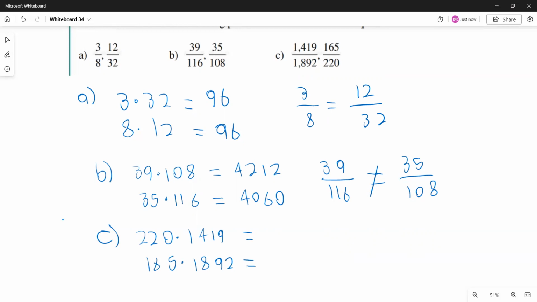So both products are equal, so these fractions are equal. 1,419 over 1,892 is equal to 165 over 220.